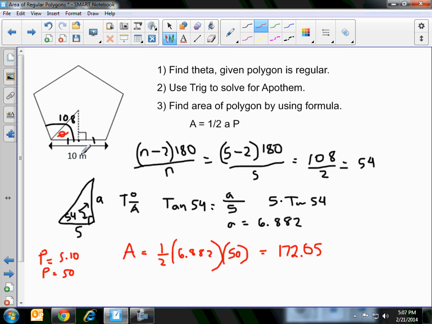Since this unit is given and I'm dealing with area, I must use that same unit, but it's squared. Remember, area is length times width. It's two dimensions, so therefore I have a little 2 there. All right, let's go on to another problem.